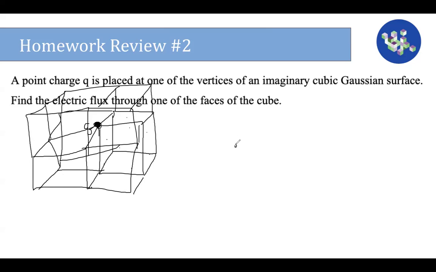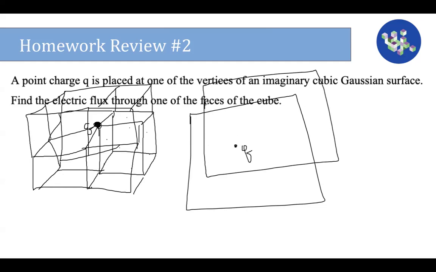So basically now we pretty much just have this Q and we have a bigger cube, specifically double the side length, around it. And now we see that the electric flux through the bigger cube will be Q over epsilon naught.